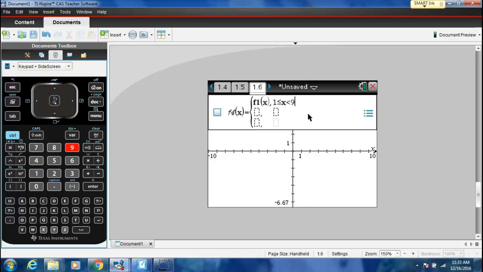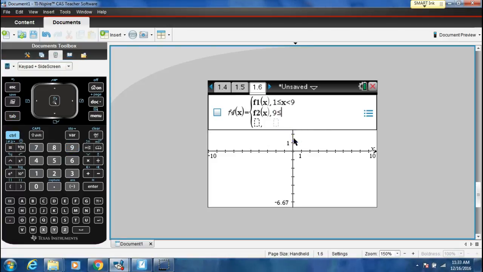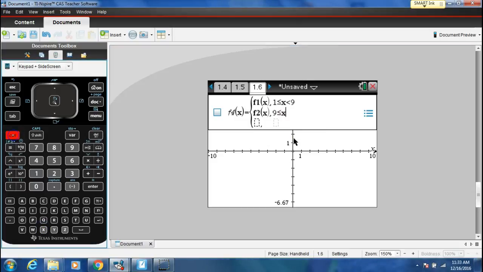Then I tab to the next one. And the next one is, instead of typing in that function that we just wrote out, I can just type in f2 of x. Tab over. This one's going to be from 9 is less than or equal to x is less than 15.